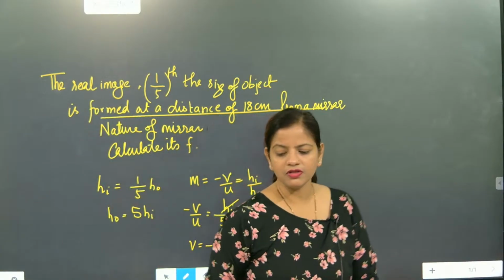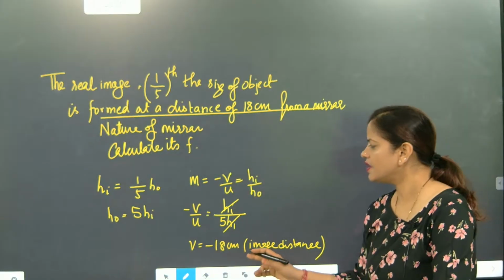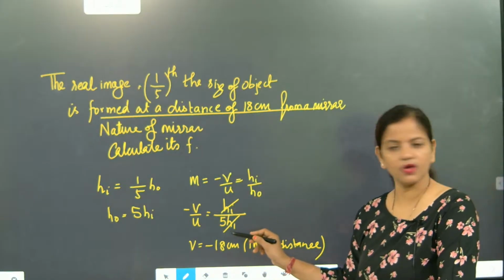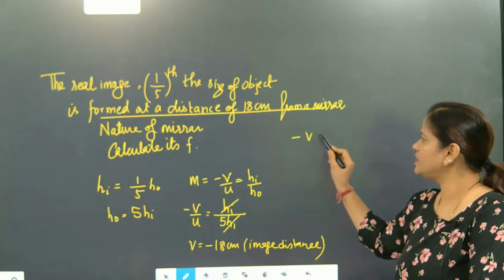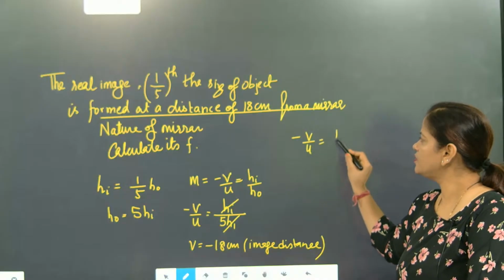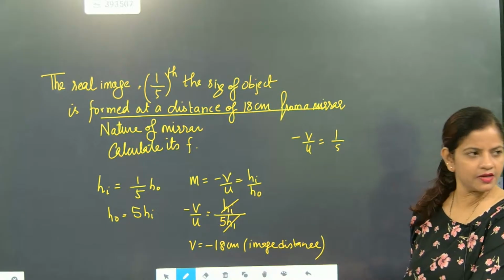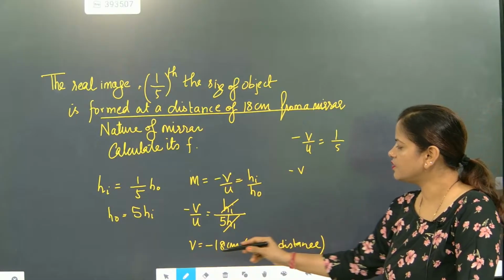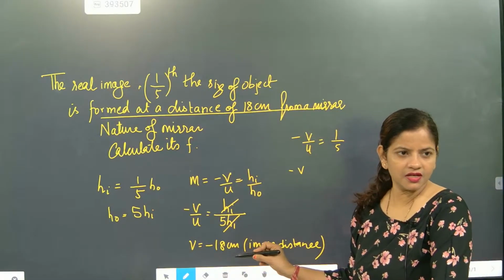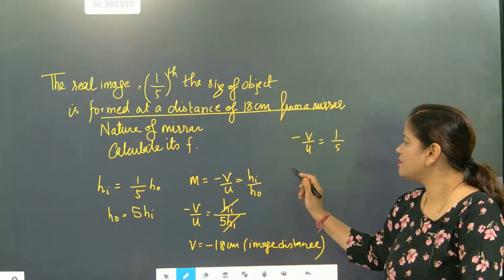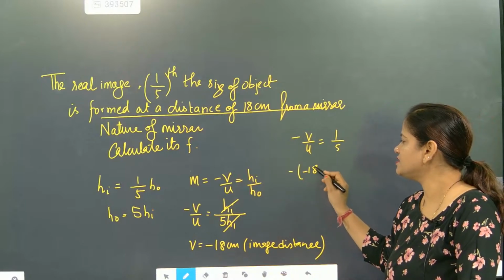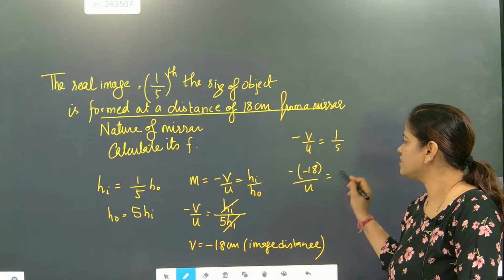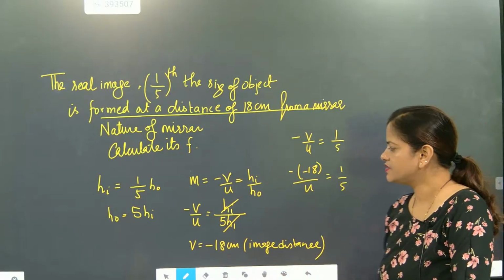So we have all the information. Now here we can use this concept also. So beta, minus v by u is equal to 1 by 5. Correct? So can I say that minus v is equal to, here v is coming as how much? Minus 18. So here minus of minus 18 by u is equal to 1 by 5. Is it okay?